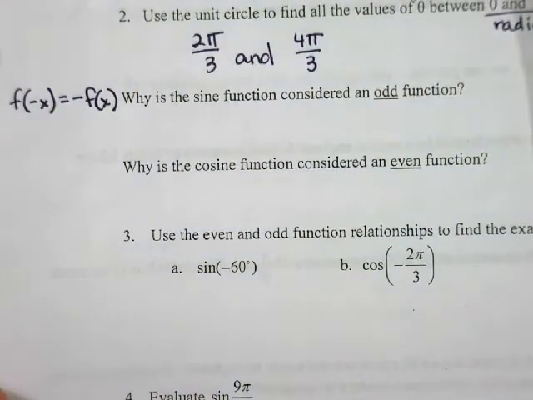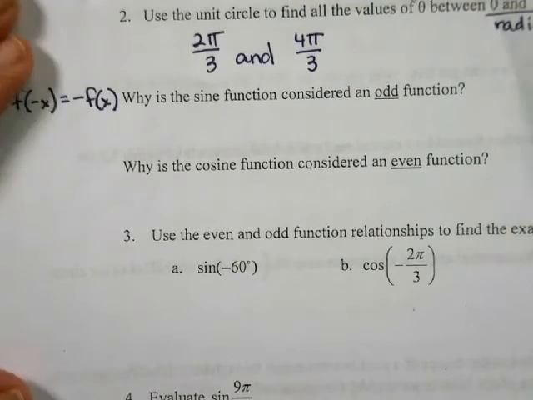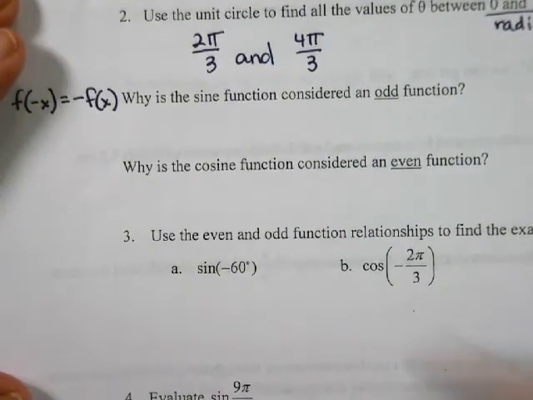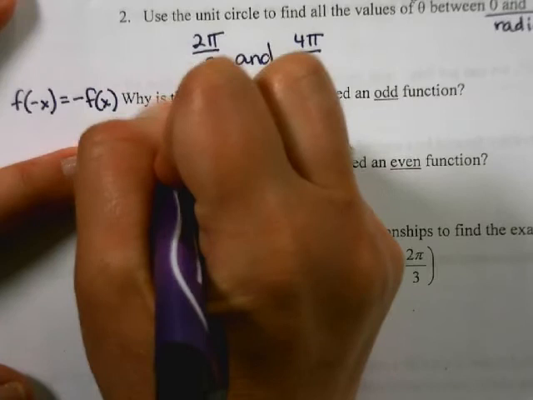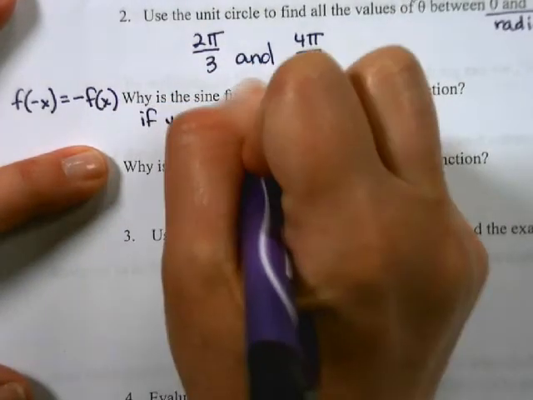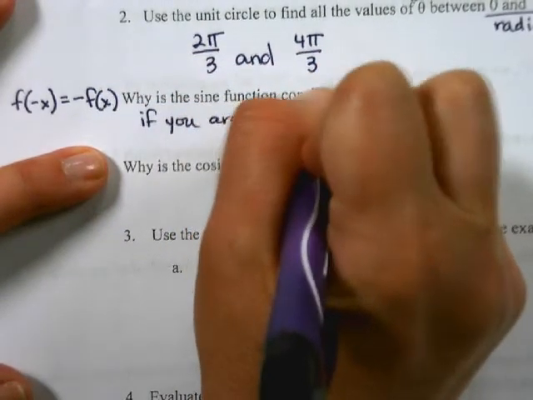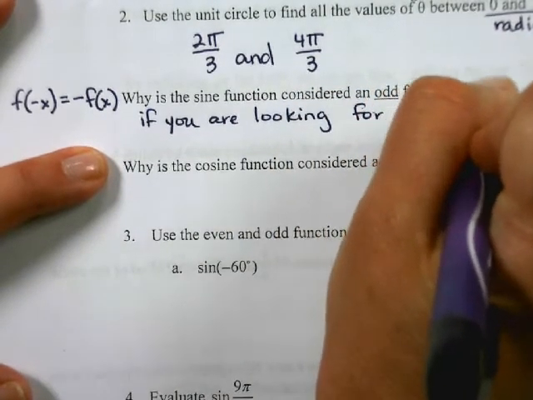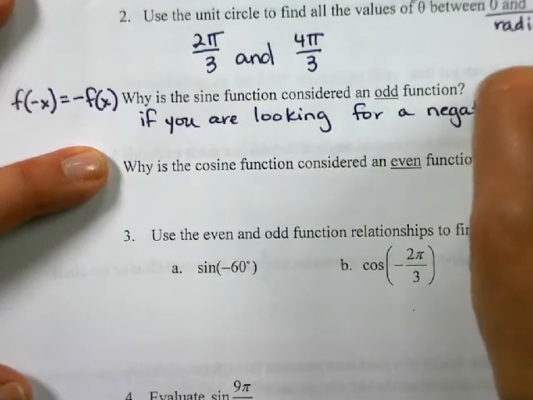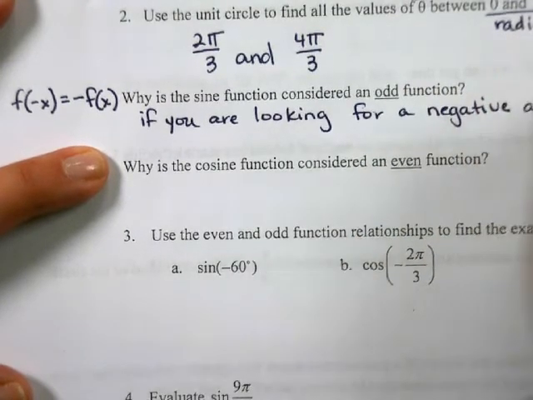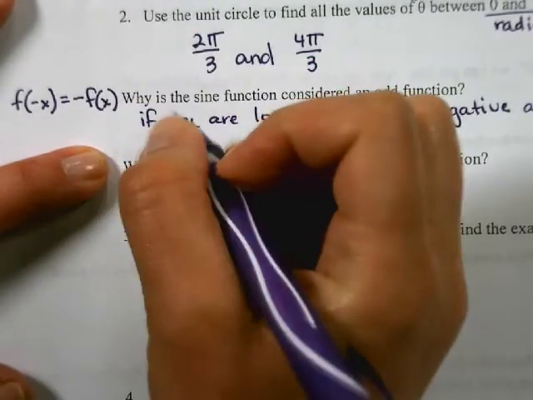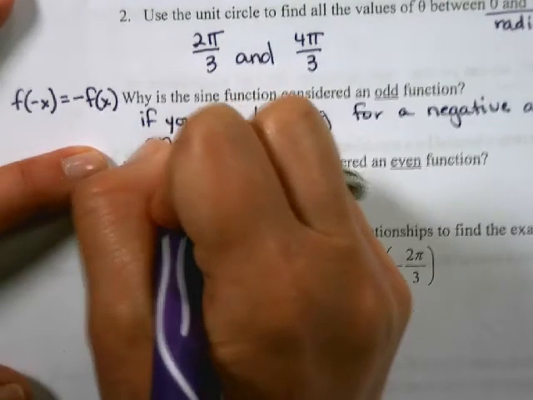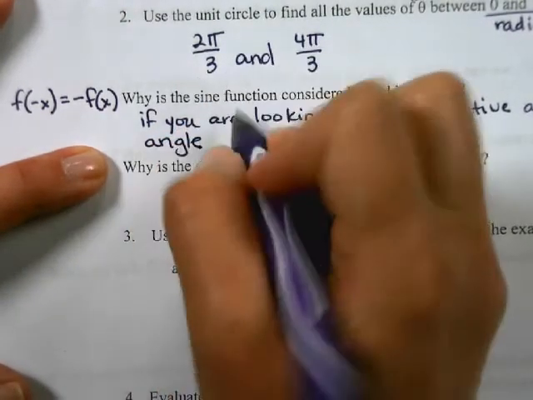So sine is considered an odd function because if you're looking for a negative angle, find the positive angle, and change the sign.